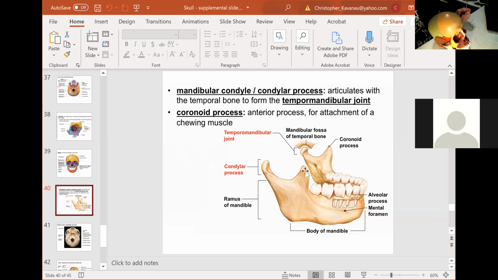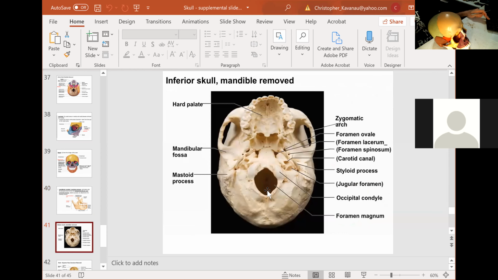Then looking at the anterior structure here, this is called the coronoid process. And the mandibular condyle articulates with the mandibular fossa, which is part of the temporal bone. Looking at Dimitri here, I'll get a full view of it.